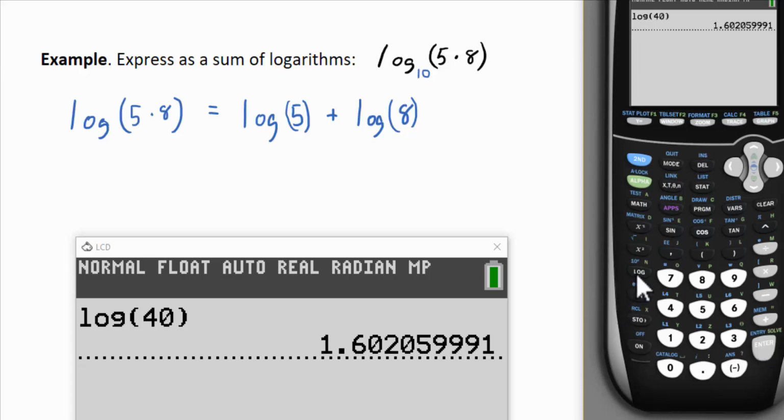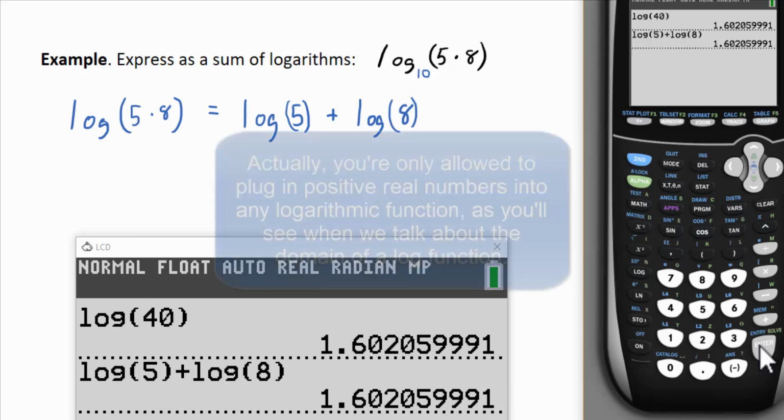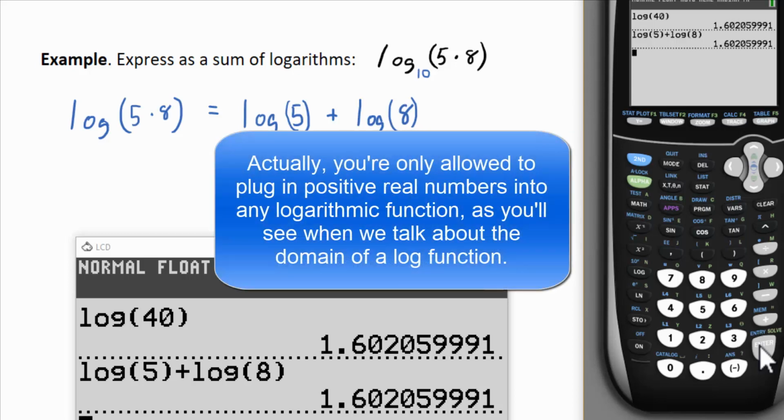So let's do that. Go log 5. You do have to close those parentheses on the calculator. So log of 5 plus log of 8. Same thing. Product rule holds at least for those numbers. And in fact, it'll always hold, as long as you plug in values that are non-zero into the logarithm.